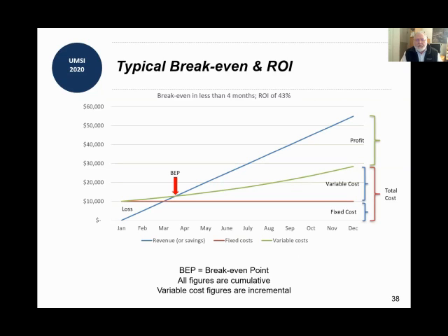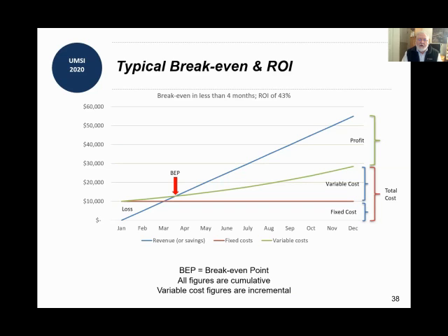So here's a typical break-even type of analysis where we have a revenue line for this project, which was developing a product or a service that was sold to customers or rented to customers. So it starts to generate revenue after the project launches. And then there are fixed costs, things that were expended in order to develop this system.